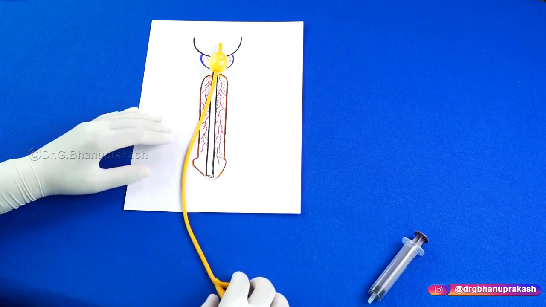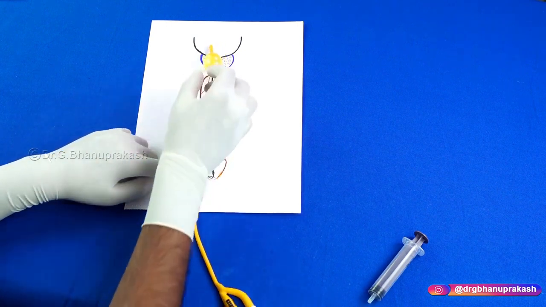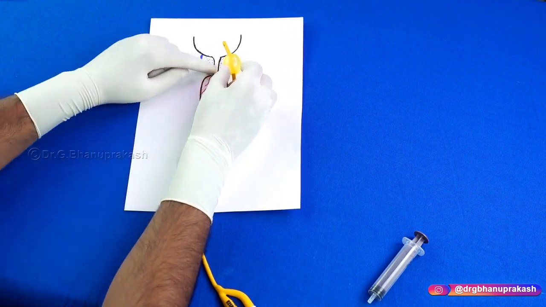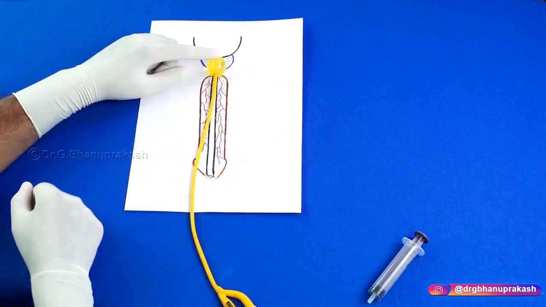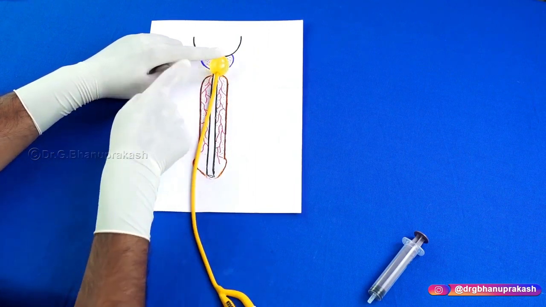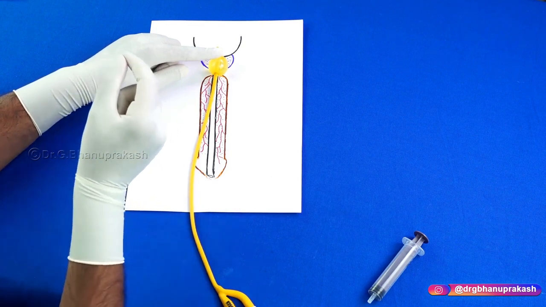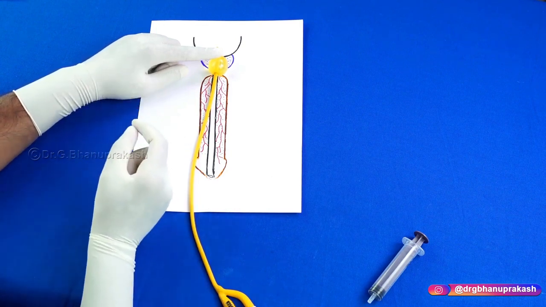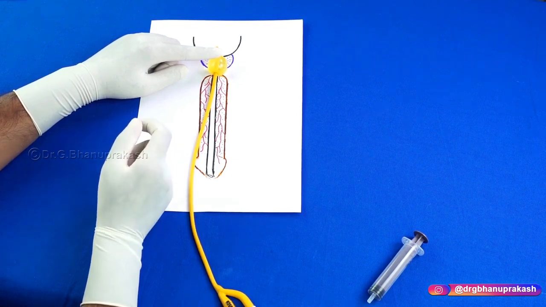Because if you are in the membranous part of the urethra and you have inflated the balloon, then the membranous part of the urethra is not surrounded by any tissue, so there are high chances that the membranous part of the urethra can rupture and bleed. So this can be fatal to the patient.